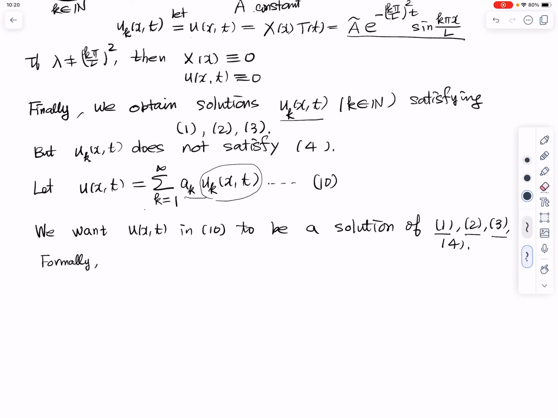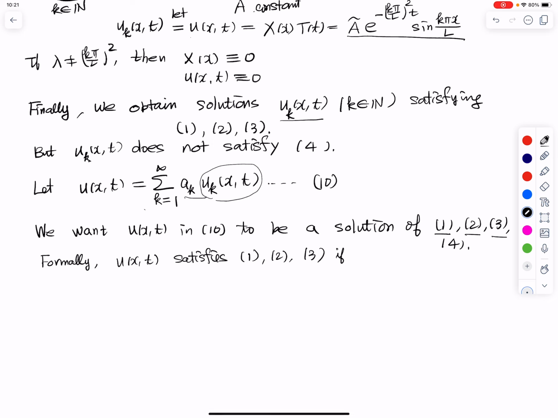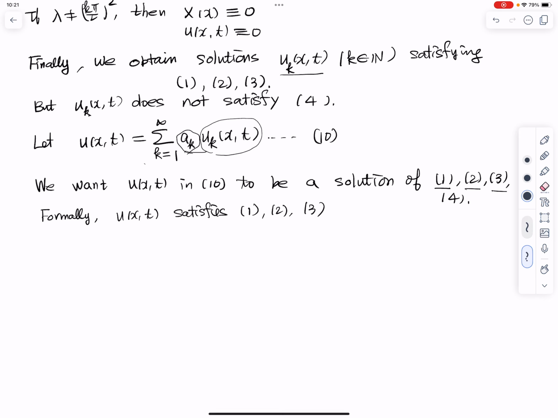Formally, u(x,t) satisfies 1, 2, 3. Here a_k is not found yet, right? So for now we assume that 1, 2, 3 is okay, and then we use equation 4.